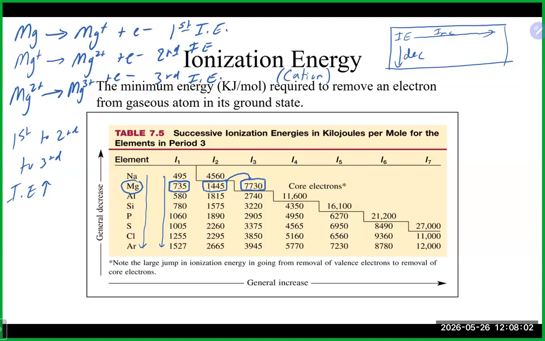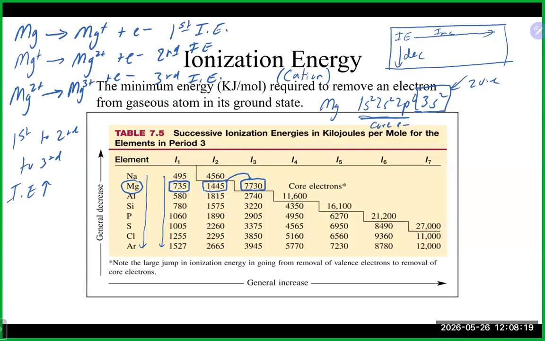That's because when you look at the electron configuration for something like magnesium, 1s2, 2s2, 2p6, 3s2, magnesium is group number 2 and has only 2 valence electrons. The rest are core electrons.